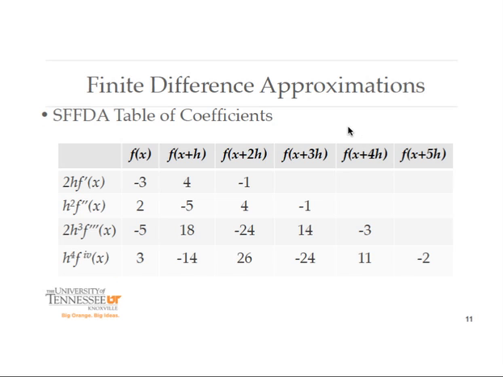So here they are. Here's the table then for the second forward finite difference approximations. Again, this table is denser because it's going to take 3 function evaluations for the first derivative, 4 for the second, 5 for the third derivative, and you can see clearly here it's going to take 6 for the fourth derivative. It takes 2 more function evaluations than the order of the derivative.